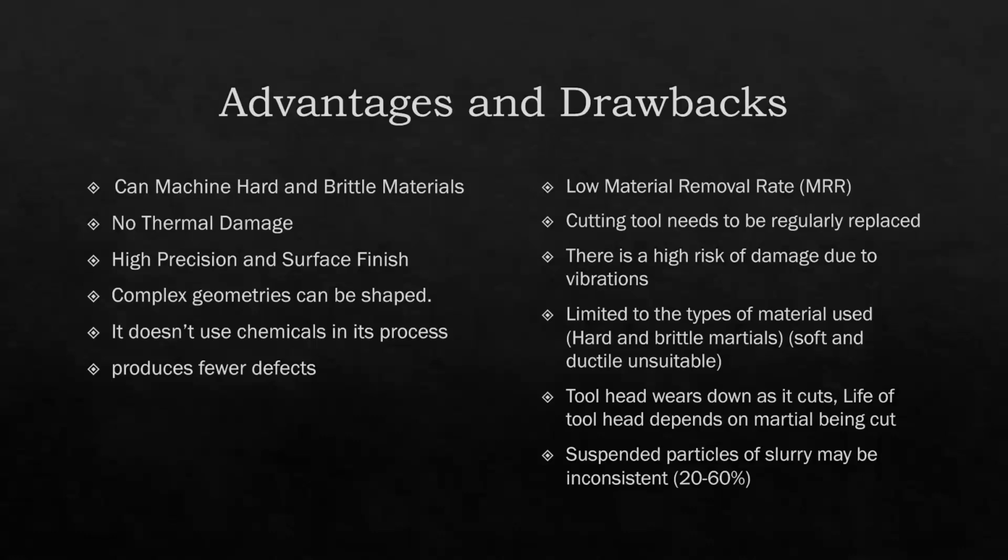Limited types of material can be used, so anything that's soft or ductile is unsuitable and it'll just indent the metal, then cut it away. And then the last part is that the slurry may be inconsistent because it gets recycled through use. So as it's cutting, it may have more or less, but typically the range is between 20 and 60%.